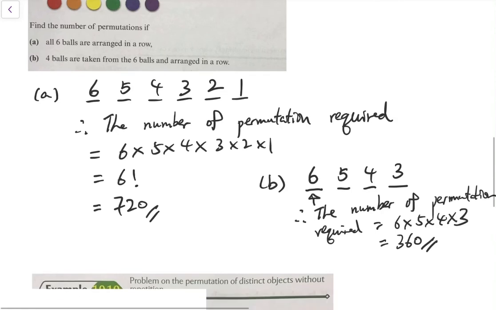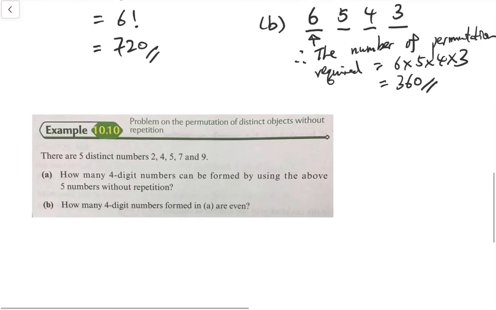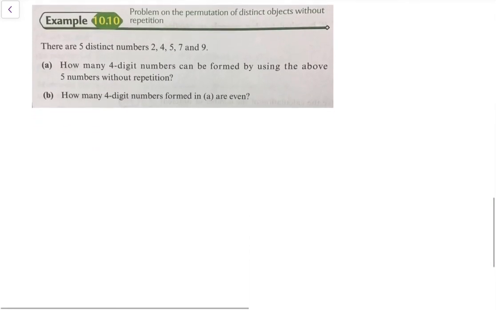Now we go to the last example in this session, which is 10.10. There are 5 distinct numbers: 2, 4, 5, 7, and 9. First question is, how many 4-digit numbers can be formed? Please notice that it is without repetition, so we cannot get, for example, 2, 2, 4, 4 like that. Imagine now we have 4 spaces.